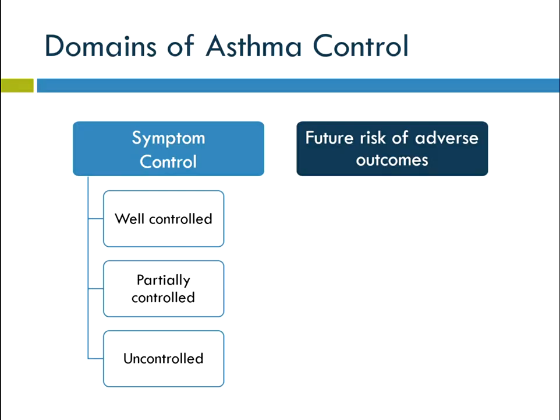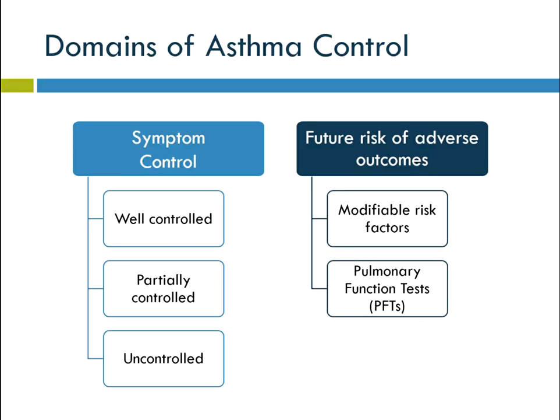Okay? When we think about future risk of adverse outcomes, we want to consider what some modifiable risk factors are. There are going to be a lot of risk factors, and some of them we can actually do something about. We also want to look at those pulmonary function tests, PFTs. That is medical terminology you should be familiar with. Okay? What do you think a PFT is?